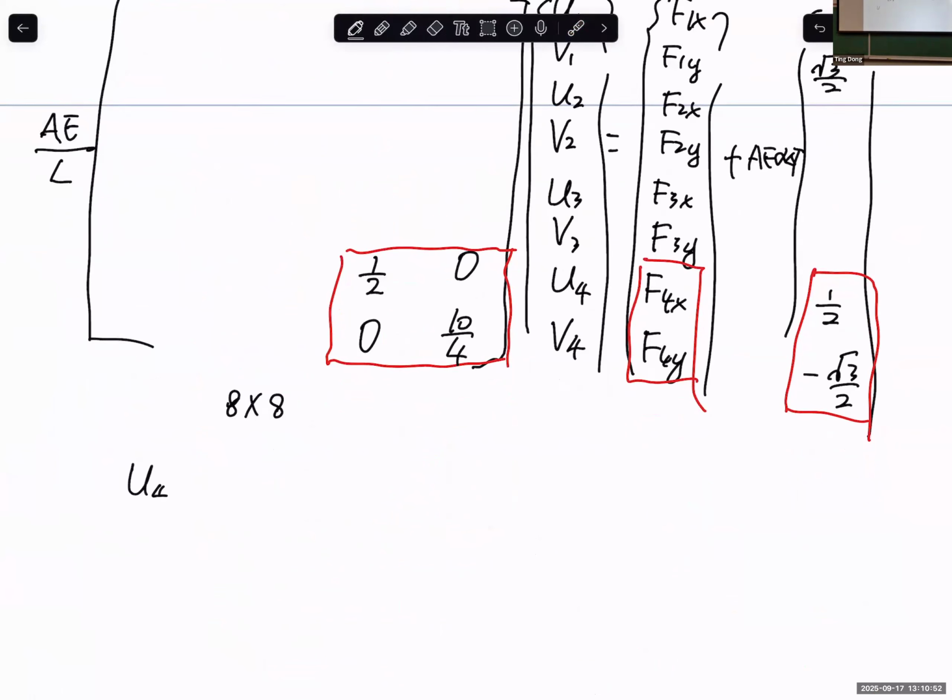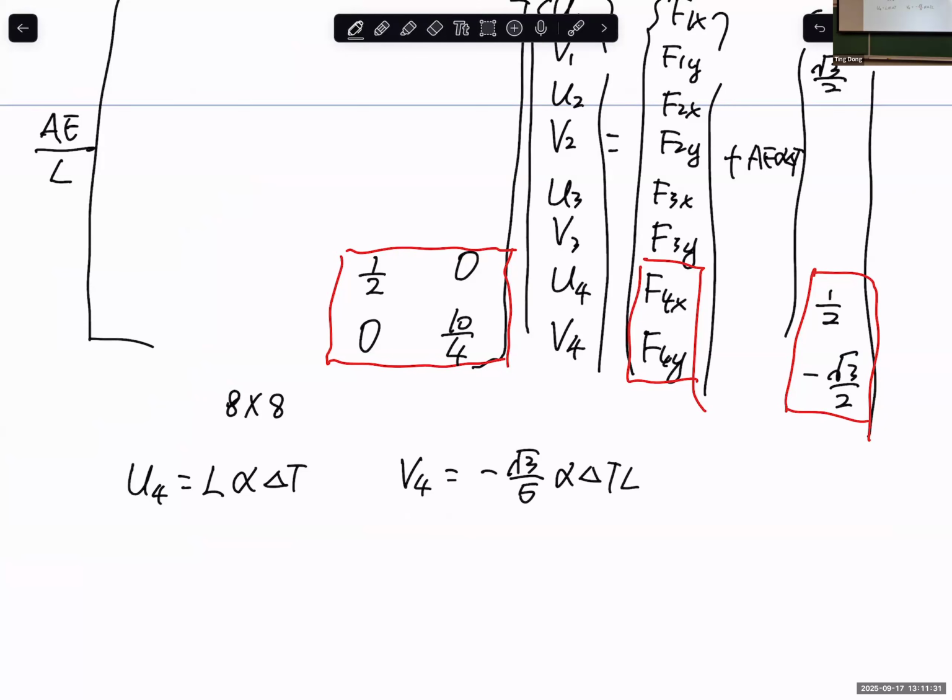So U4 equal to L alpha delta T, and V4 equal to 5 alpha delta T L. Yes. So we are done with the first step, calculating the unknown degrees of freedom.